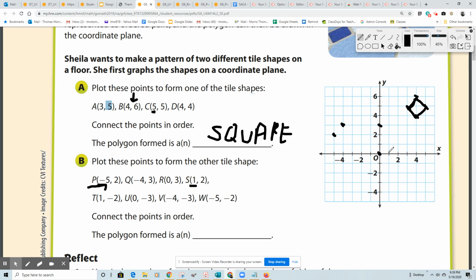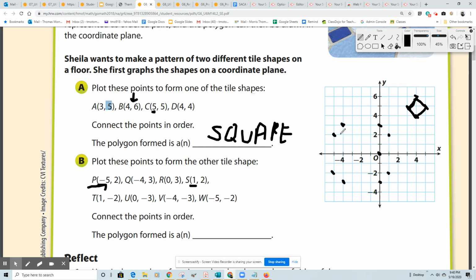S, over 1, up 2. T, over 1, negative 2. U, over 0, negative 3, so straight down 3. V, to the left 4, down 3. And then lastly, W, to the left 5, down 2.